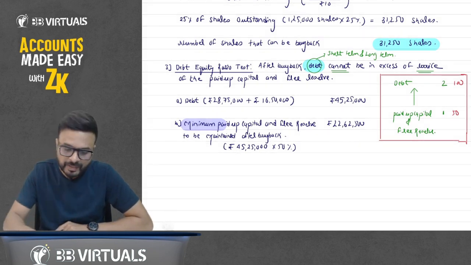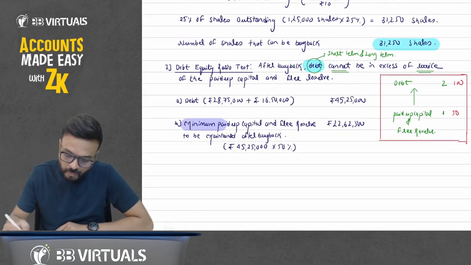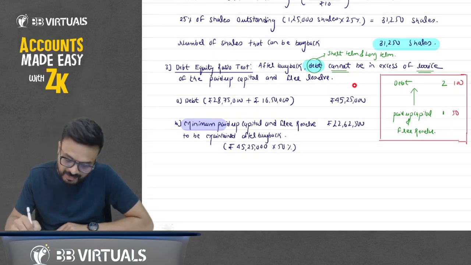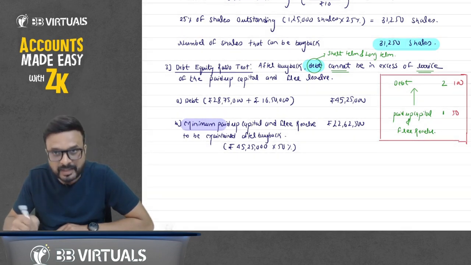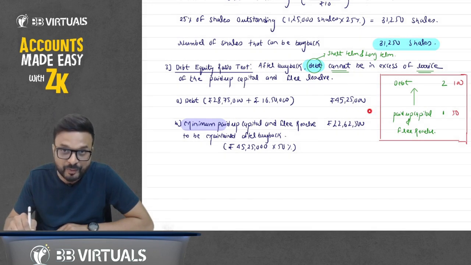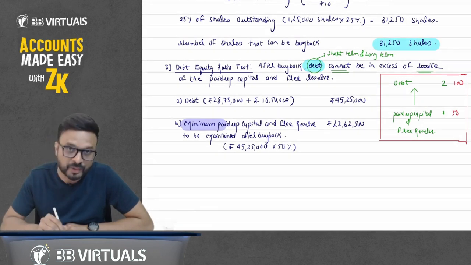Twice of 22 lakh comes to 44 lakh, so your debt would be more than 44 lakh. Take any figure lower, let's take 20 lakh. Twice of 20 lakhs is 40 lakhs, so your debt will be more than 40 lakh. Then it will be a violation of this condition.